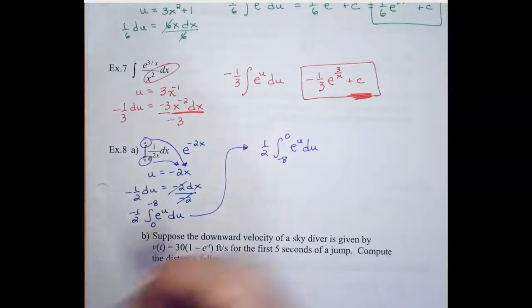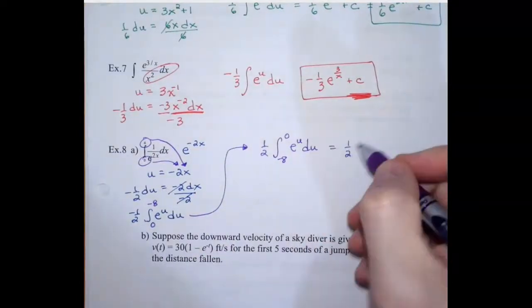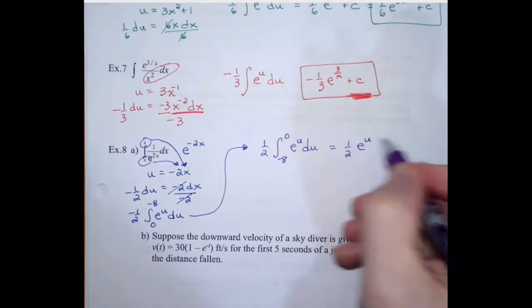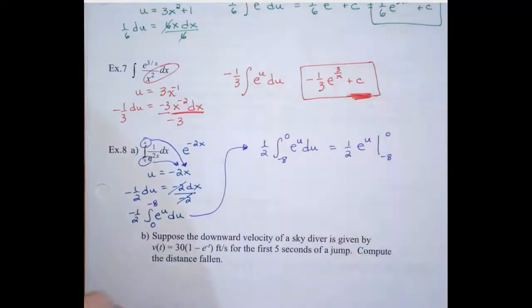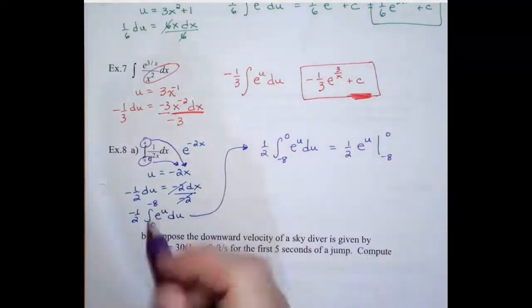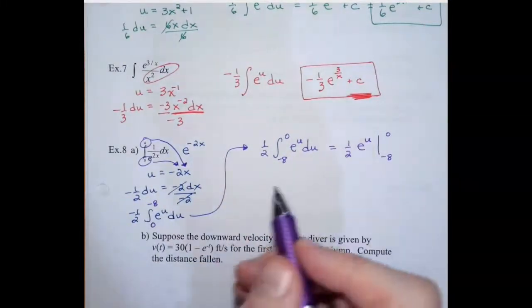Okay, and now we're going to integrate that. So if we integrate that, 1/2, and then we have e to the u, and then that's going from negative 8 to 0. We don't need to switch it back to x because we switched the limits of integration to u's. It's all u now. We can just finish it.